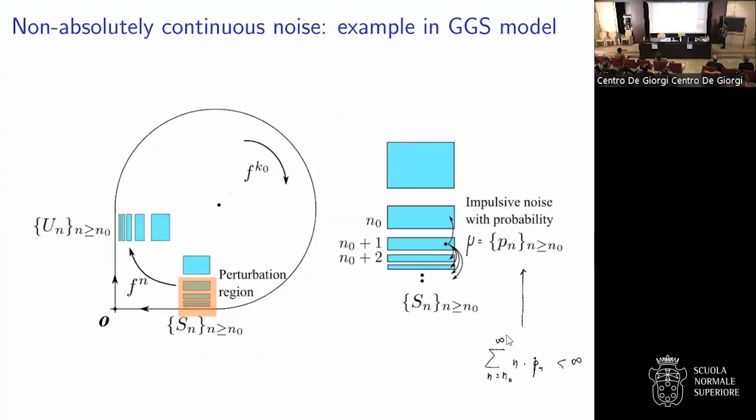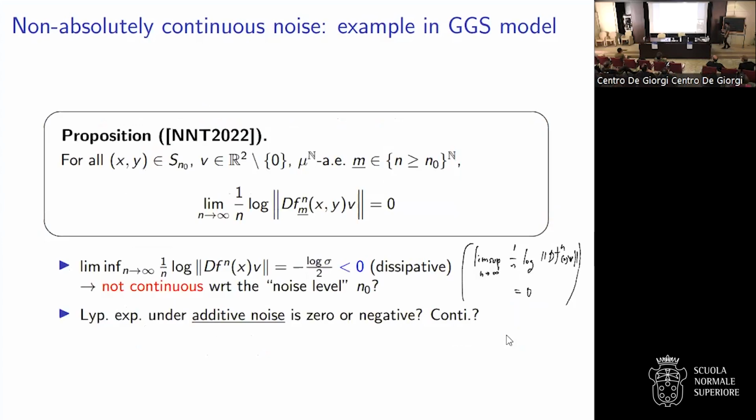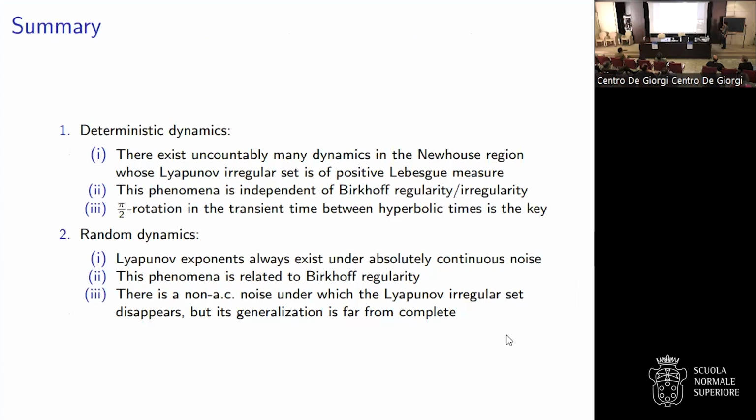We also did an example which is not absolutely continuous, violating Araujo's result, but the Lyapunov exponent still converges. That's all. Thank you.